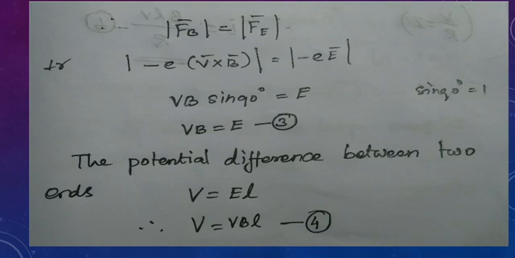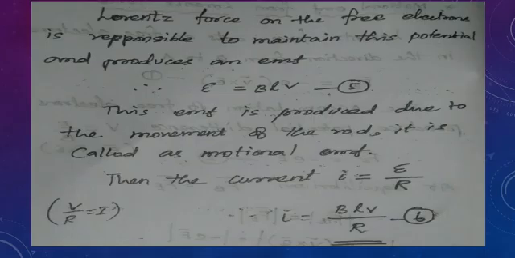Next, following equation number 4, the Lorentz force on the free electrons is responsible for maintaining this potential and producing the EMF.